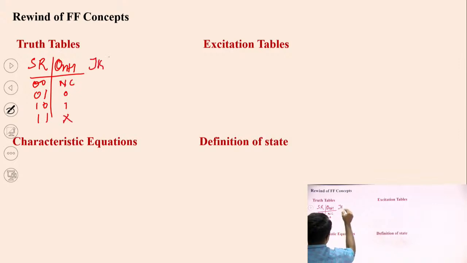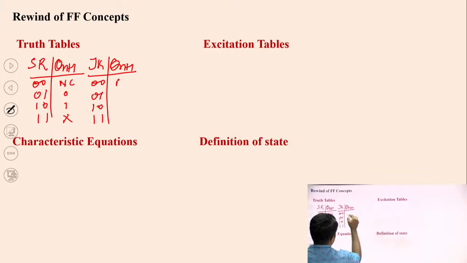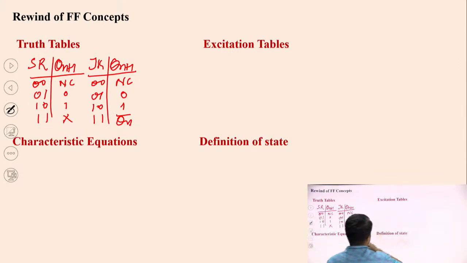Similarly for JK: 0 0 is no change, 0 1 is 0, 1 0 is 1, and 1 1 is toggle. That means Qn+1 will be Qn bar, the complement of the previous state. Then SR is covered, JK is covered, then T.